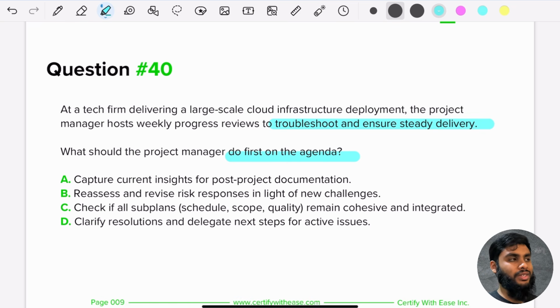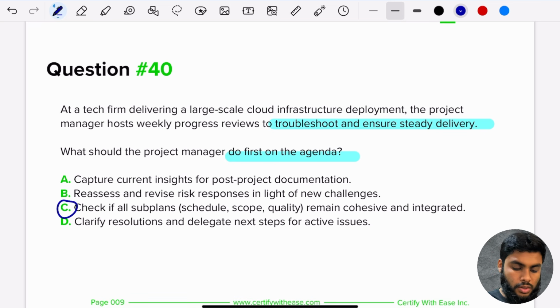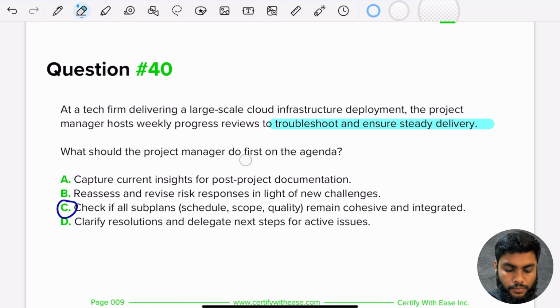If your plan says left, you go left, not right. If it says right, you go right, not left. That's how a plan works. So this is going to be the main first thing that you want to do. Let's just read D. Clarify resolutions and delegate next steps for active issues. No. Okay, so the first thing you want to do is C. And the question mentions first, right? Very important.